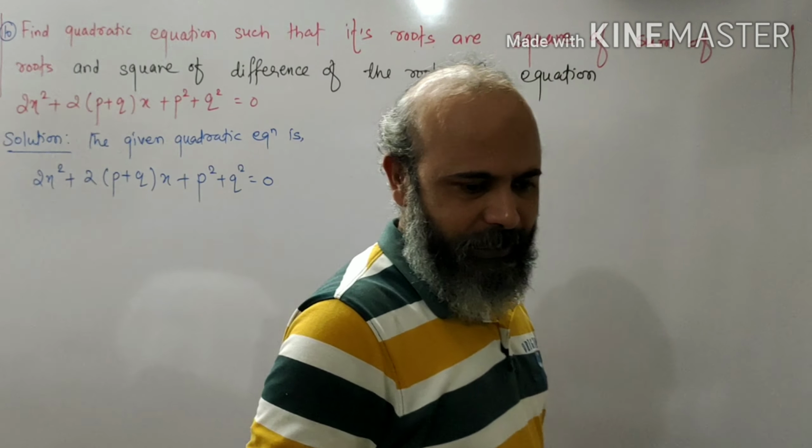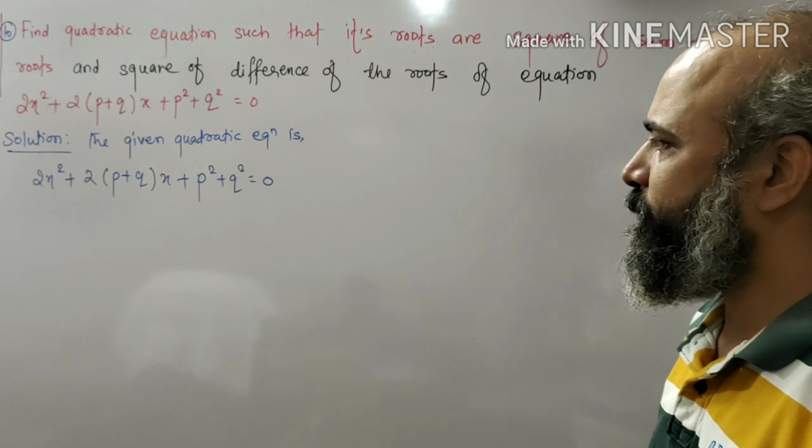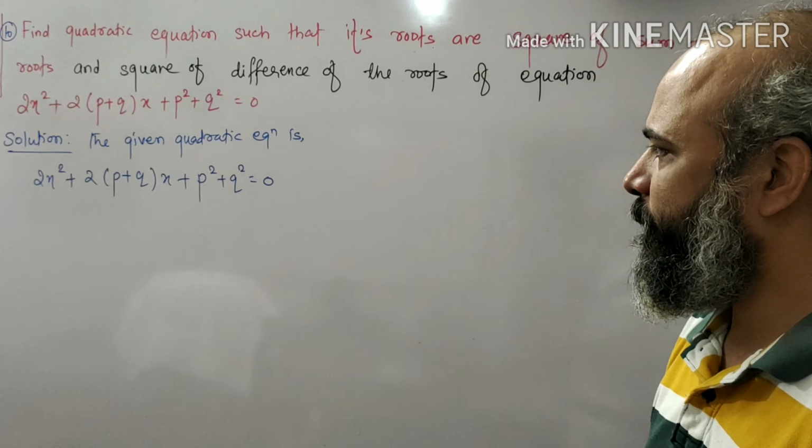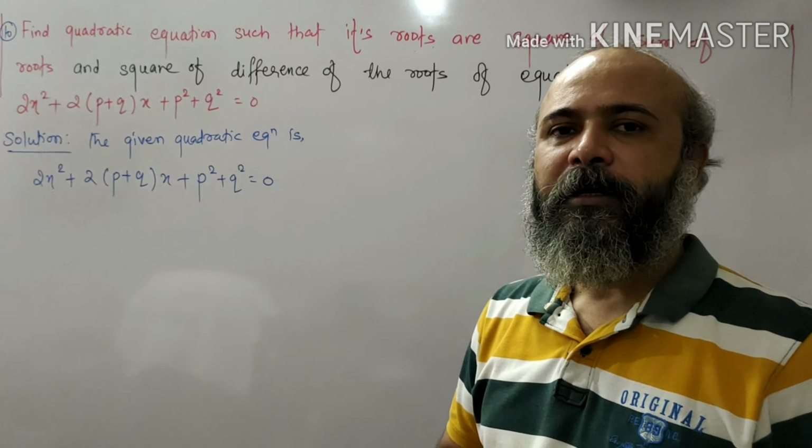This is the quadratic equation: 2x square plus 2 times (p plus q) into x plus p square plus q square is equal to 0.